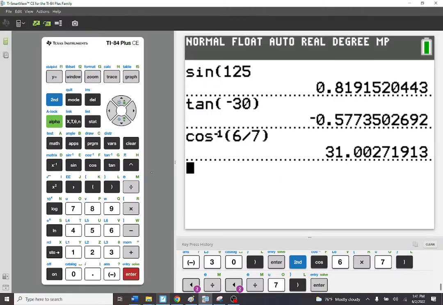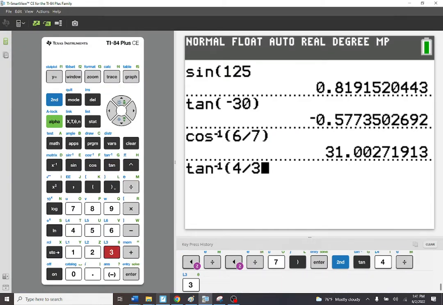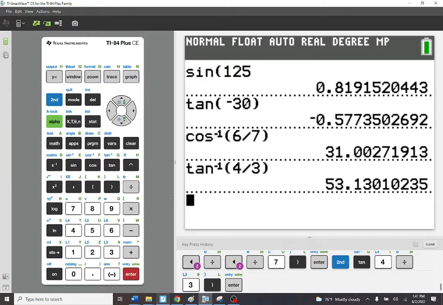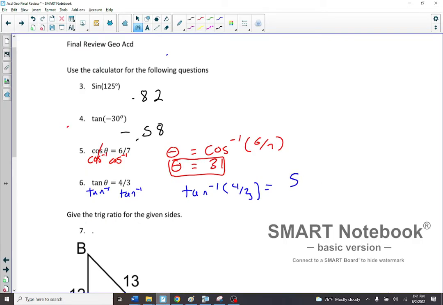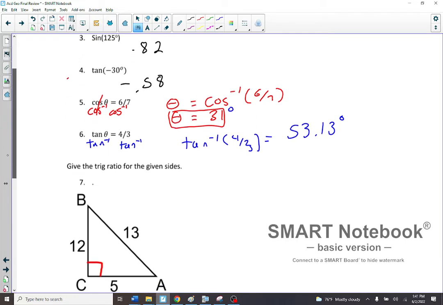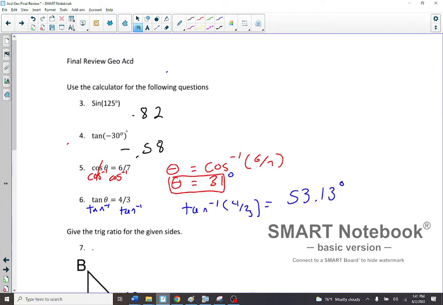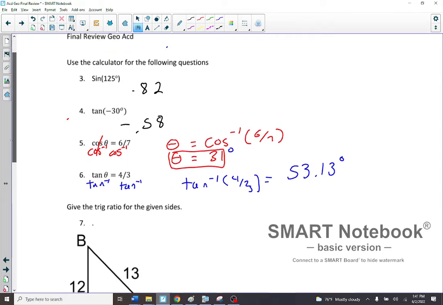So then, second, tan, 4 over 3. That's 53.13. Technically degrees, but again, it's multiple choice, so they will all be degrees. It's not like it would trick you on something like that. So when the theta is inside the cosine, or if the angle's missing, we need to do the negative 1.